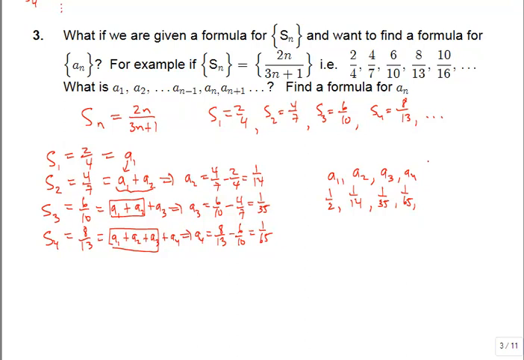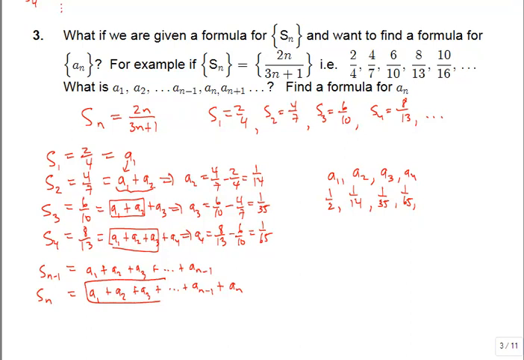So how about in general? Well, we know that the n minus 1th partial sum would be a1 plus a2 plus a3 all the way up to the n minus 1th term. So the nth partial sum would be a1 plus a2 plus a3 all the way up to a sub n minus 1 plus a sub n.